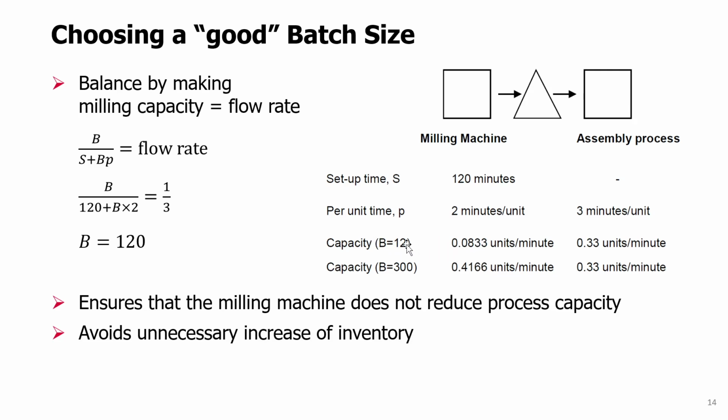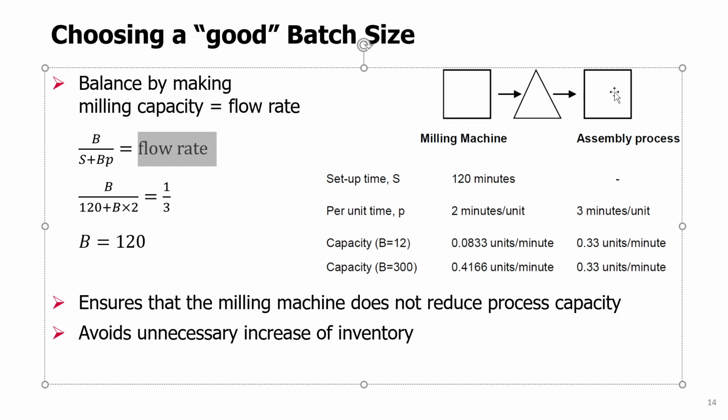With these batch sizes, we calculated some very small capacity, and very large capacity for a very large batch size. And we said, well, now we want to match the capacity of the milling machine, which is batch size over setup plus processing of the batch, to the flow rate of the assembly line. The flow rate of the assembly line is 1/3. I'm skipping the units here. The calculation of the capacity is batch size divided by 122 minutes plus batch times 2 minutes.